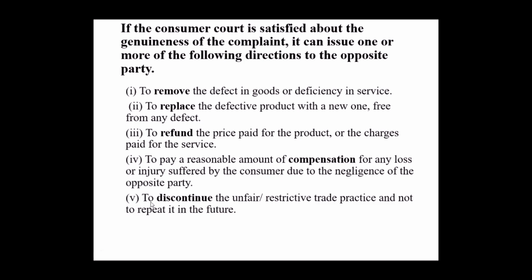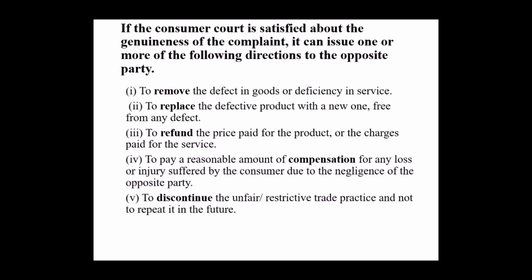Next is to discontinue the unfair or restrictive trade practice and not to repeat it in the future. If a firm is indulging in any unfair trade practice like hoarding, black marketing, or underweighing. Underweighing is when the weight written on the package is more, but the actual weight in that packet is less.